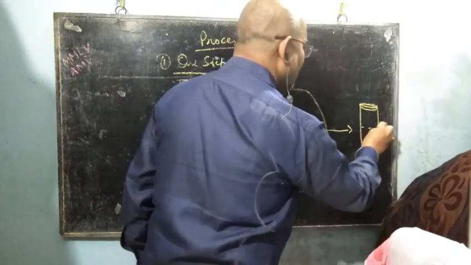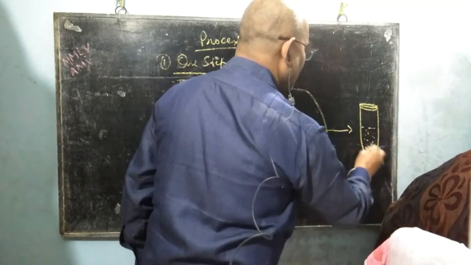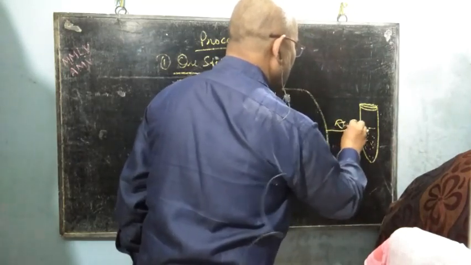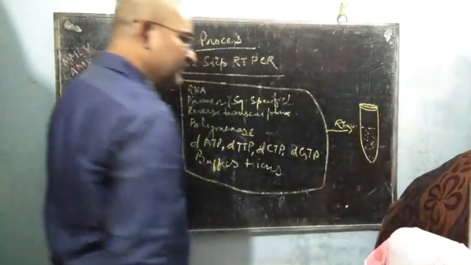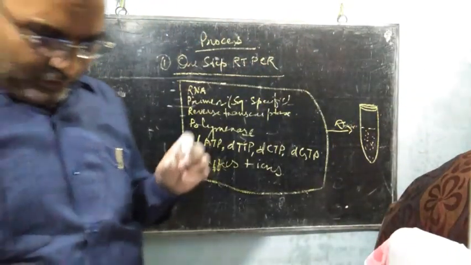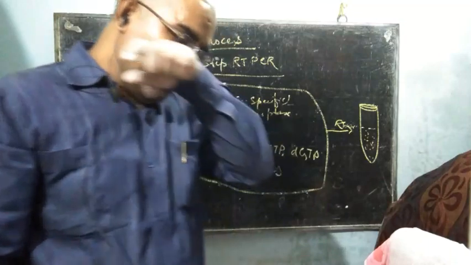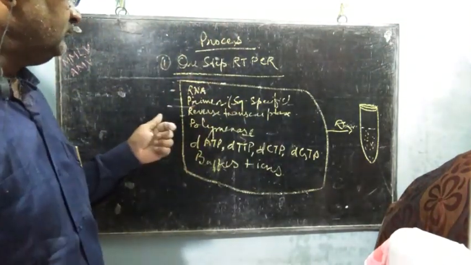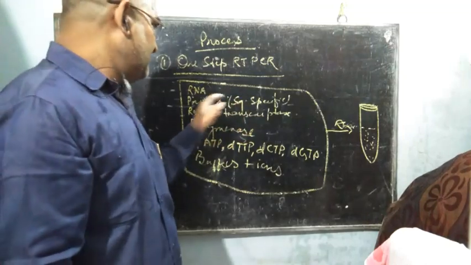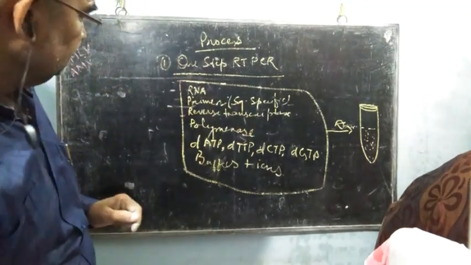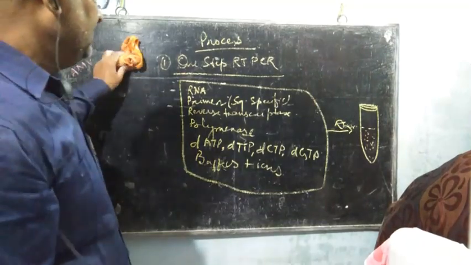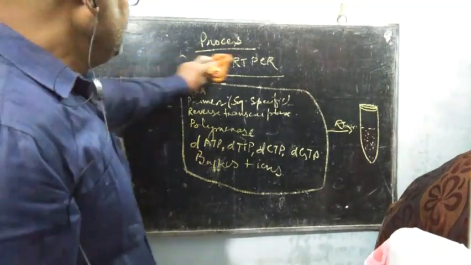Now we get in one step the complementary DNA, then we get the amplified form of the DNA from the RNA. It is referred as the one step reverse transcriptase PCR.